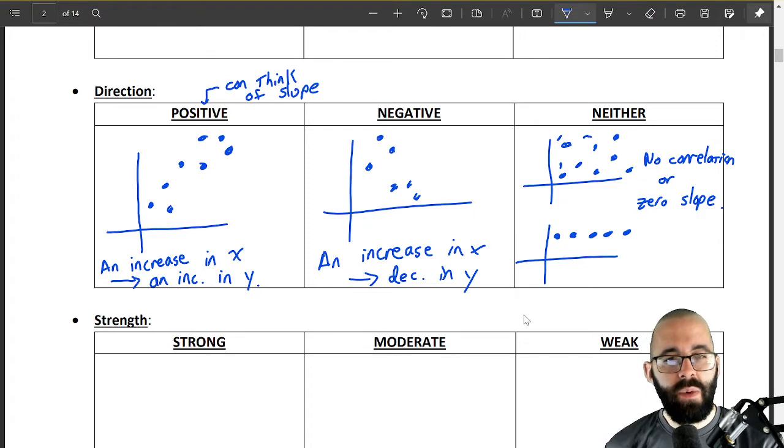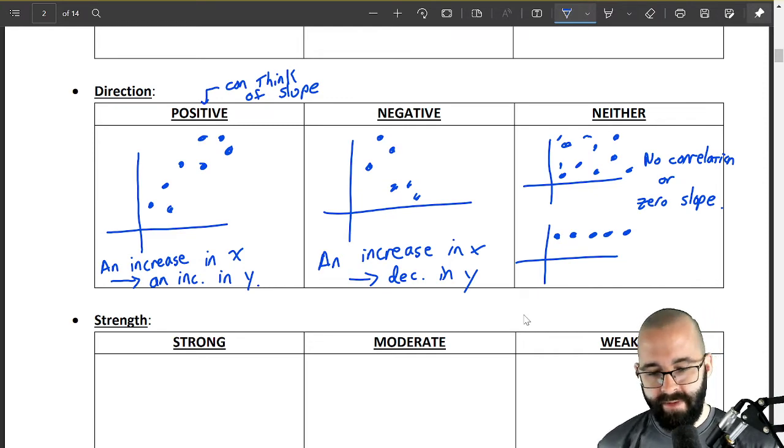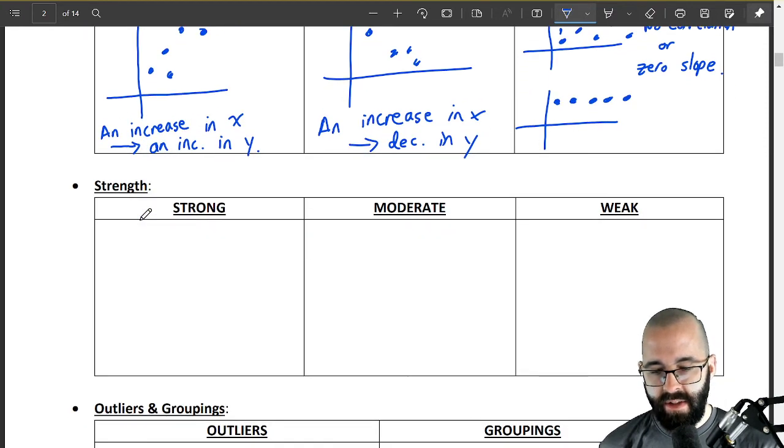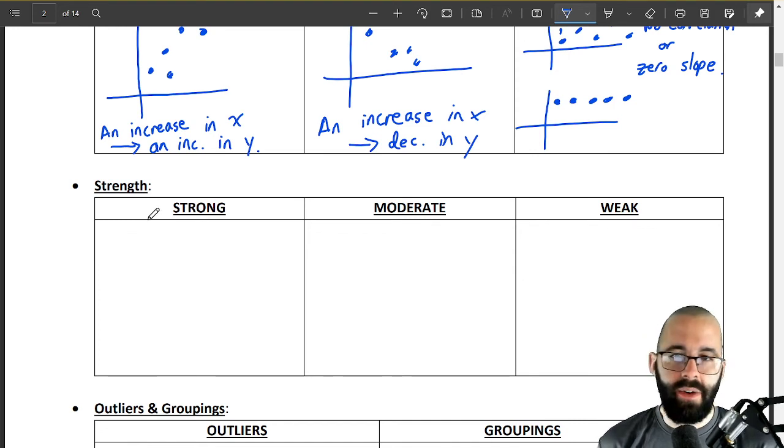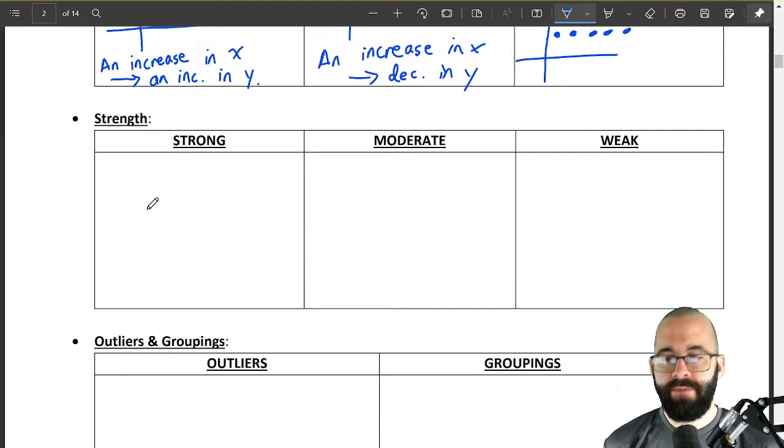So even though the second one is a line, notice that changing x doesn't have anything to do with y. We change the x, go left and right, the y value doesn't change, there's no correlation. So we'd still say neither direction in either of these cases. An increase in x has nothing to do with an increase or a decrease in y.